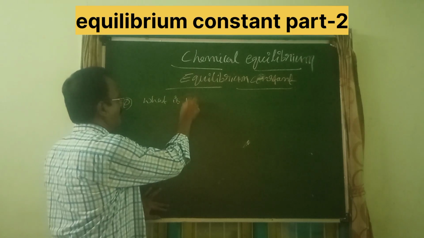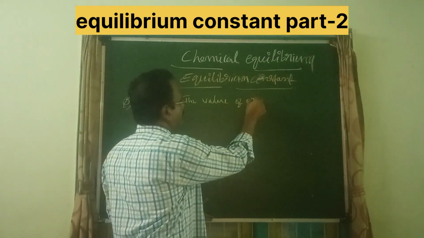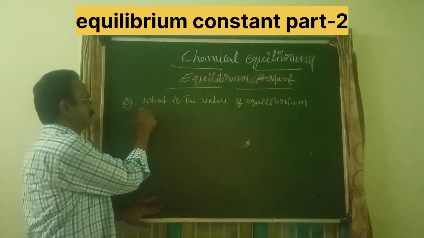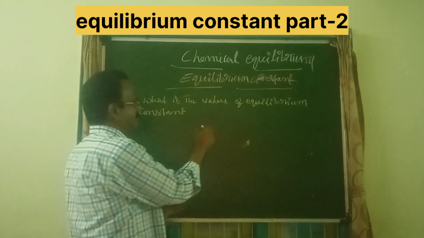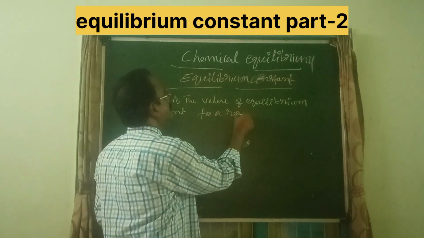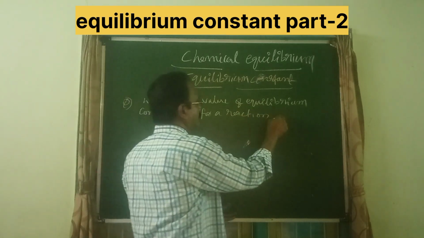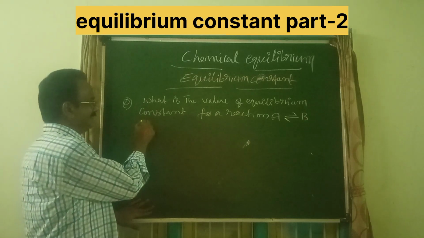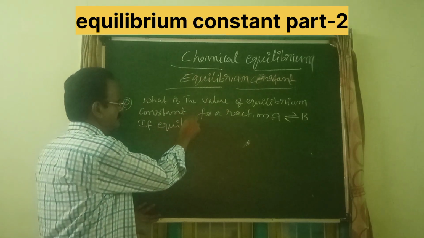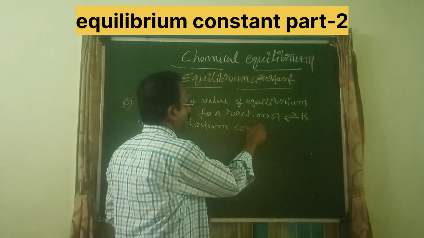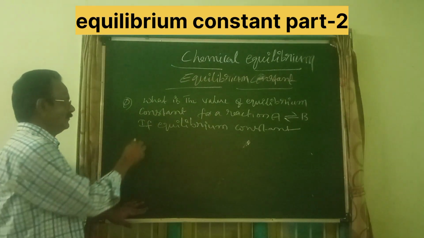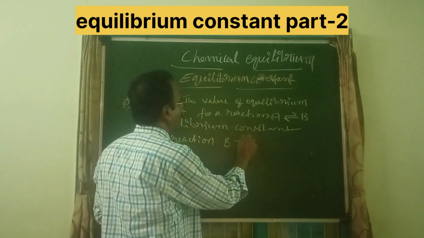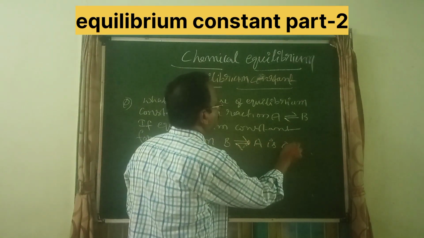What is the value of equilibrium constant for a reaction A gives rise to B, if equilibrium constant for a reaction B gives rise to A is 0.25?